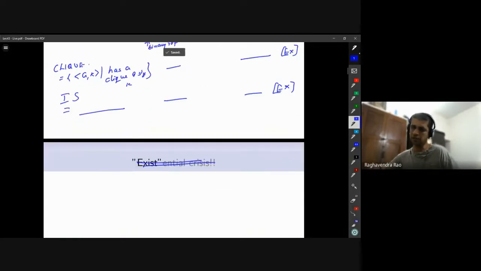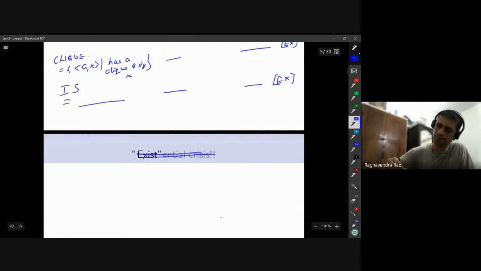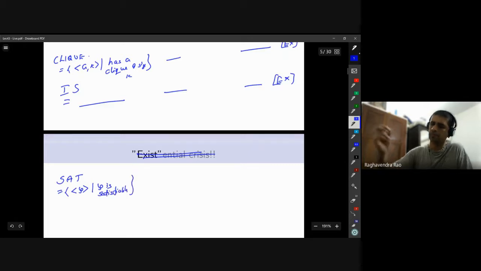Now for satisfiability, the problem is: formula phi is satisfiable. The witness is an assignment A in 0, 1 to the n such that phi evaluates to 1 upon it.